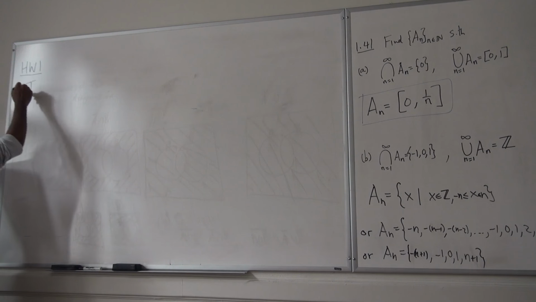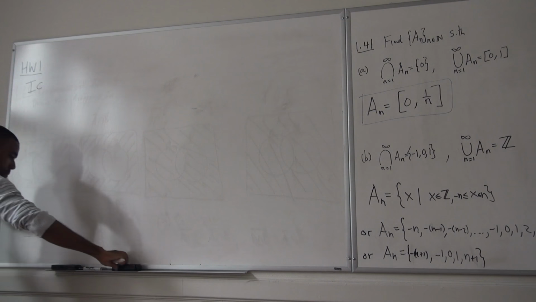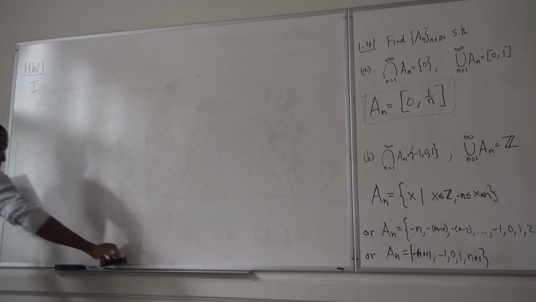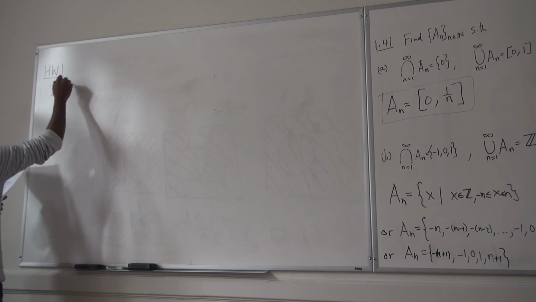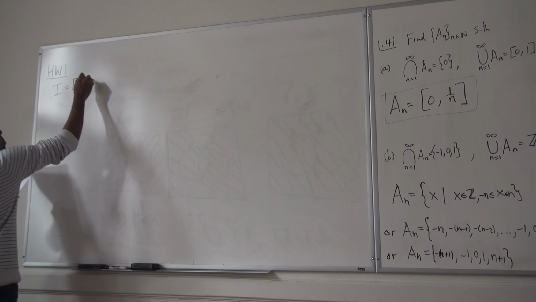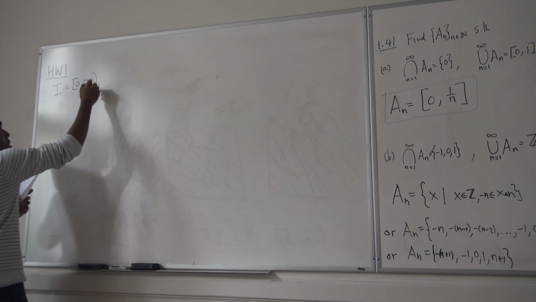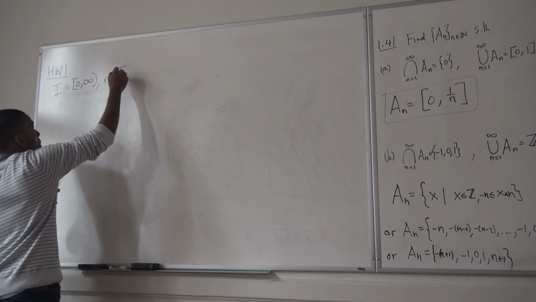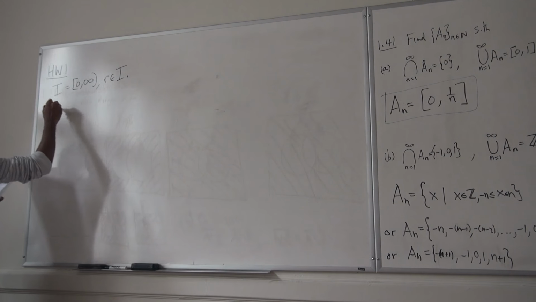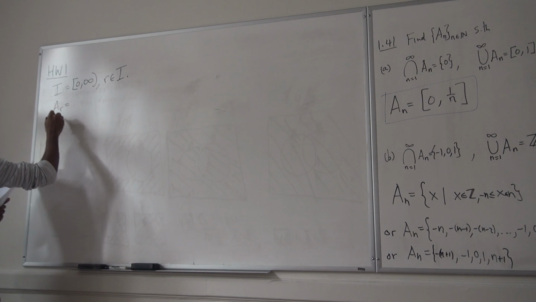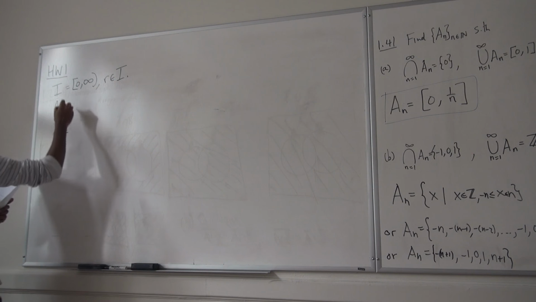Where I said I is just this interval of real numbers. So it's the half real line. And I said r is an element in I. And I defined these 3 sets, A_r, B_r, C_r.